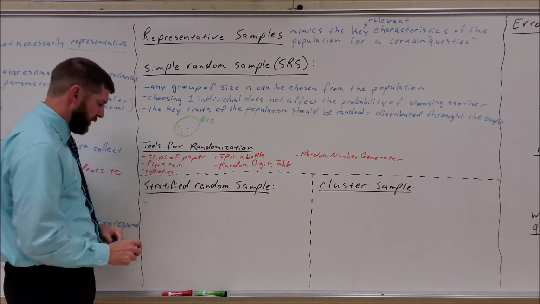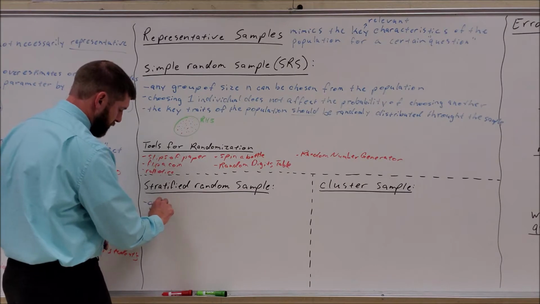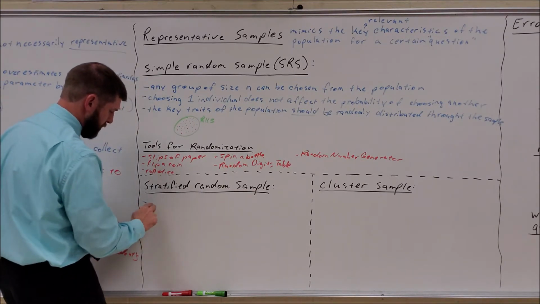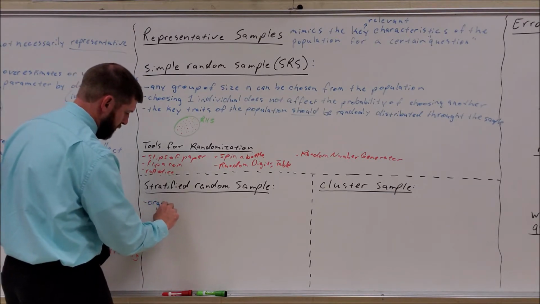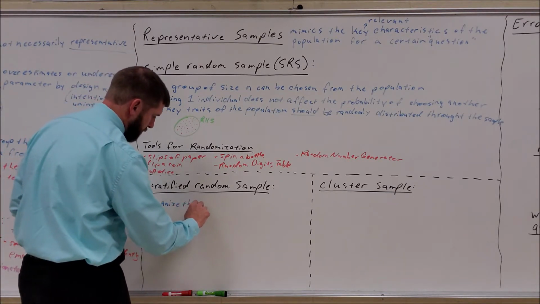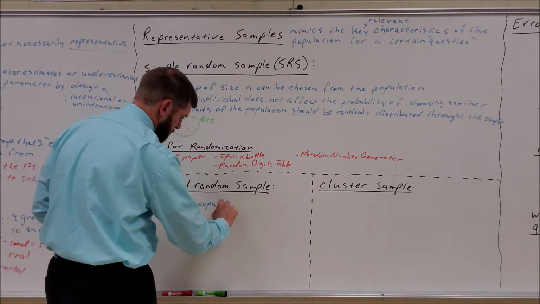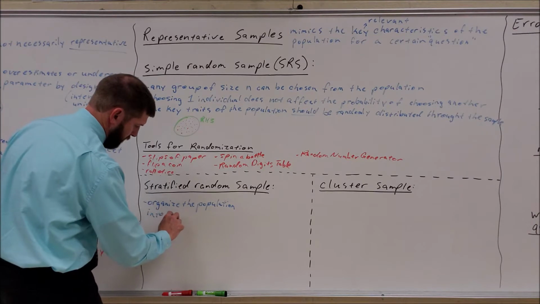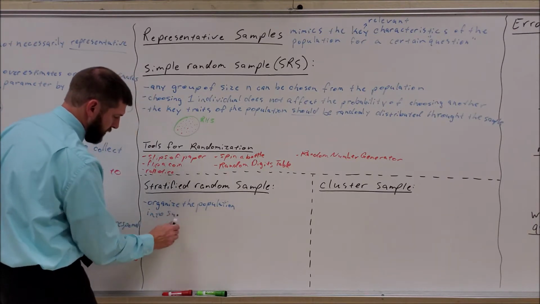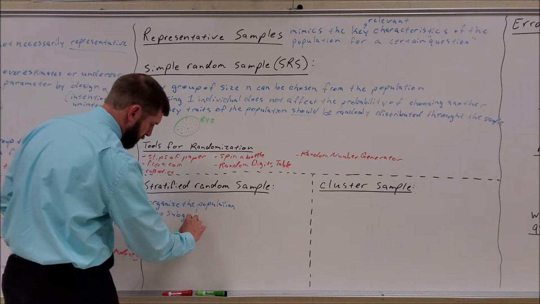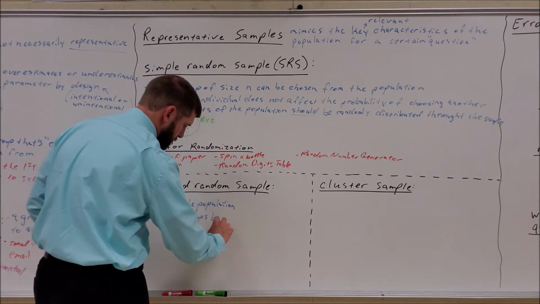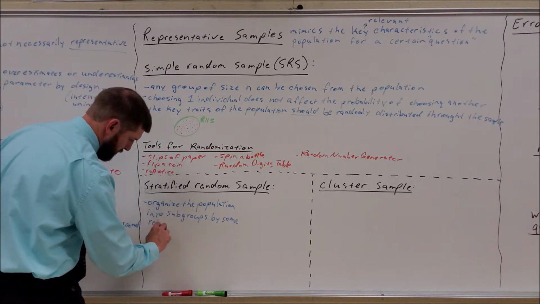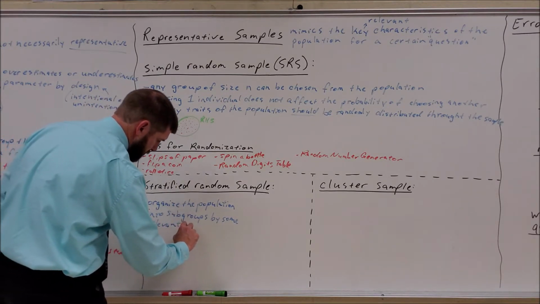So when we have a stratified random sample, we're going to organize the population into subgroups by some key, relevant characteristic.